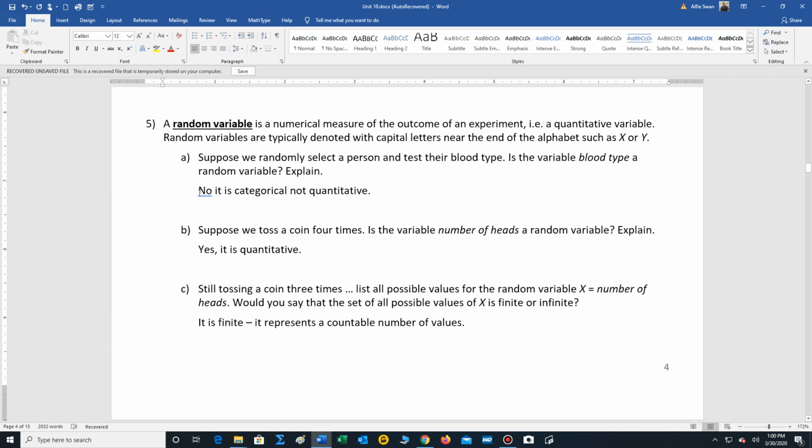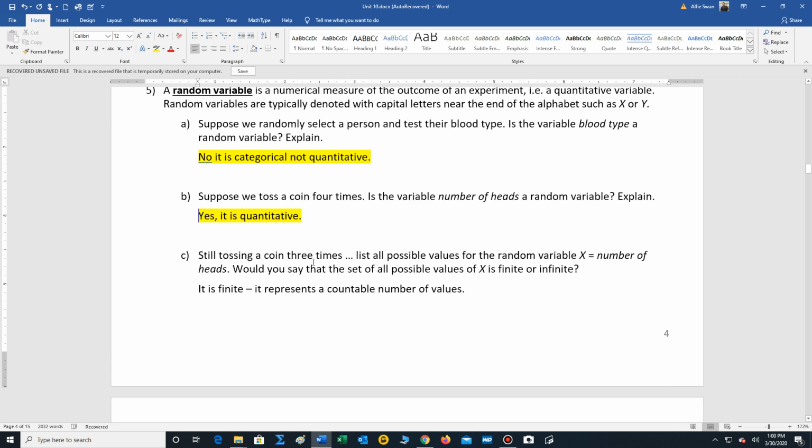Suppose we toss a coin 4 times and we want to get the number of heads. Well, that is quantitative. And then still tossing the coin 3 times, it's saying X is the number of heads, and then they're asking us, is this type of data set finite or infinite?